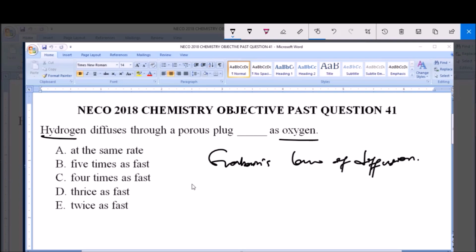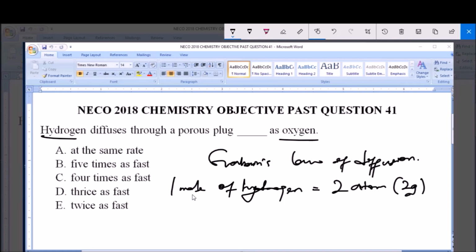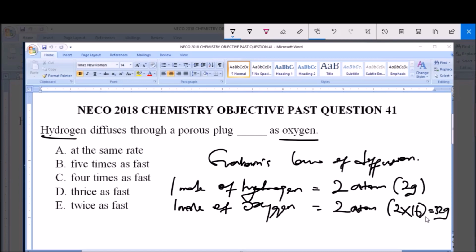Now, 1 mole of hydrogen has 2 atoms of hydrogen, so the mass is 2 grams. Then likewise 1 mole of oxygen will carry 2 atoms of oxygen to form 1 molecule of oxygen, and that is 2 times 16, which is equal to 32 grams.